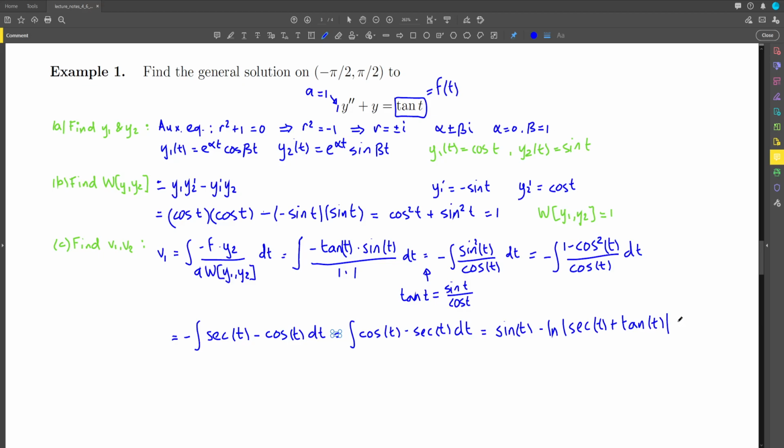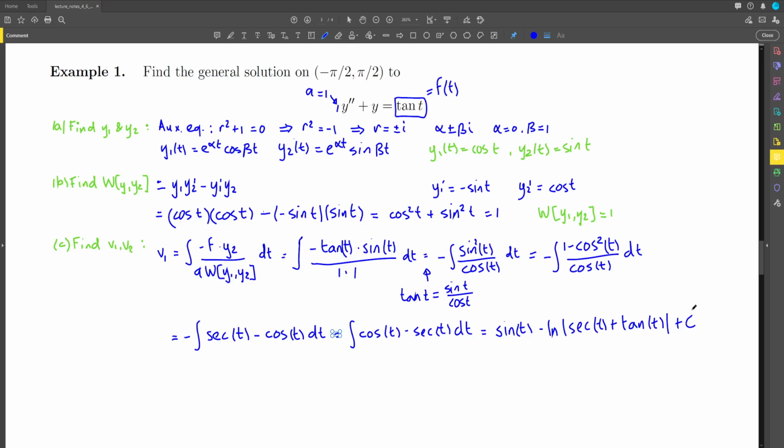And what I will do is on the midterm, I will actually provide you with a list of integrals, and I will post that on D2L as well. So this is our V1.